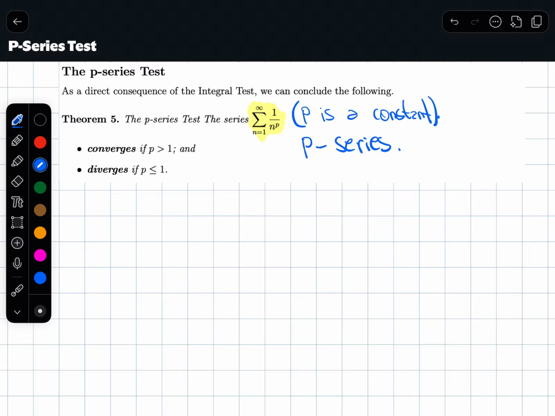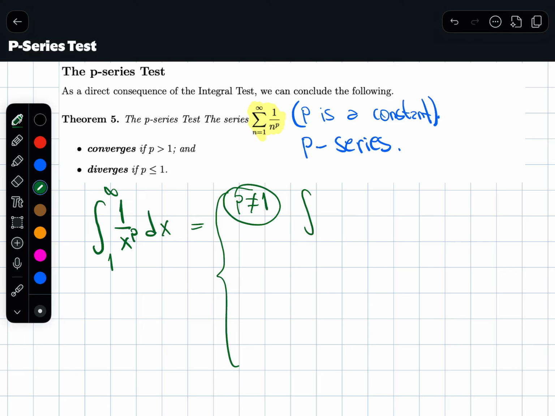And the reason for that is very simple. Like I said, it's the integral test. So if you go ahead and integrate the function 1 over x to the power p dx from 1 to infinity, as long as p is not 1, this is the integral of x to the power negative p, from 1 to infinity dx.